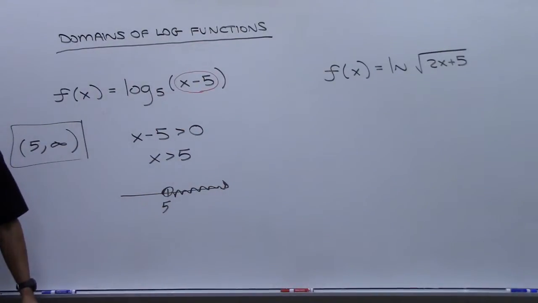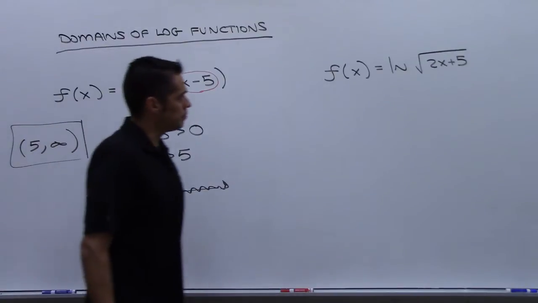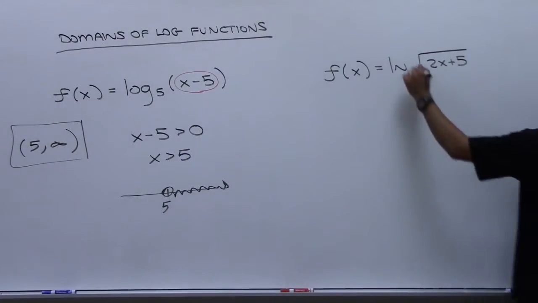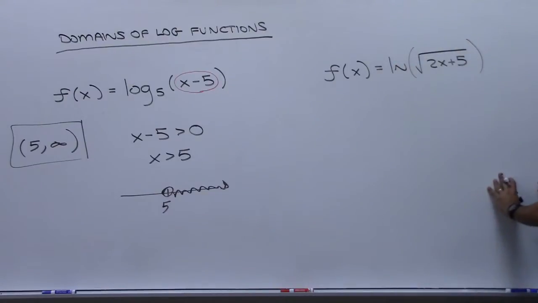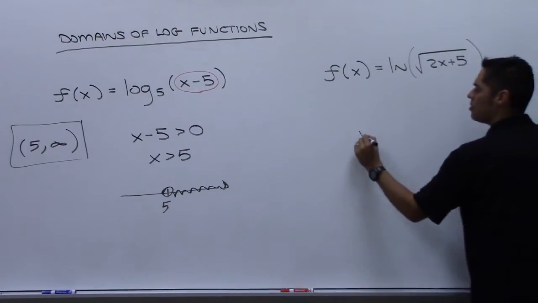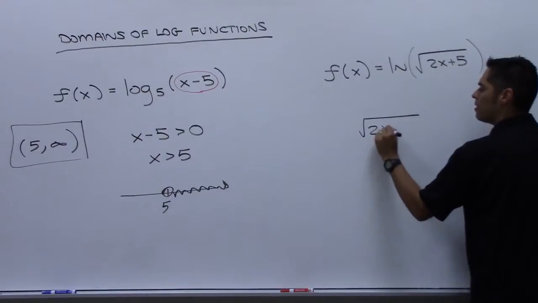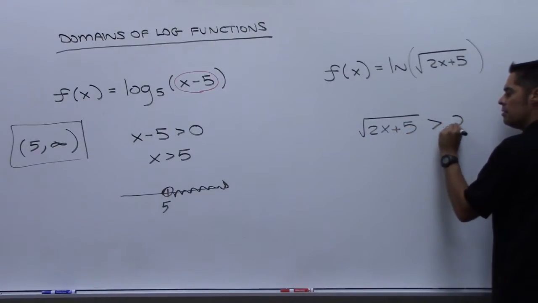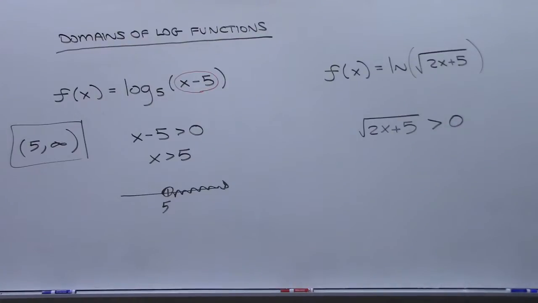It has to be greater than 0. So the square root of 2x plus 5 has to be greater than 0. Yeah, so all of this is the argument, right? Everything in there must be. So the square root of 2x plus 5 must be greater than 0. Yeah? So then we just square both sides.